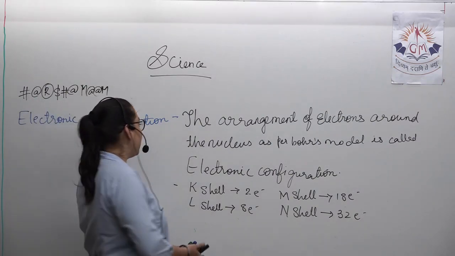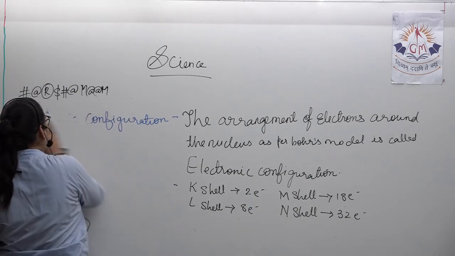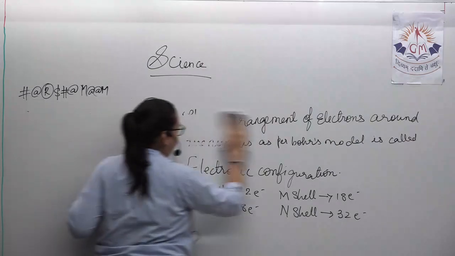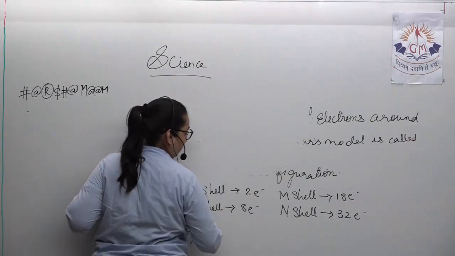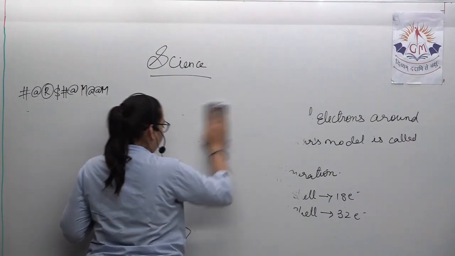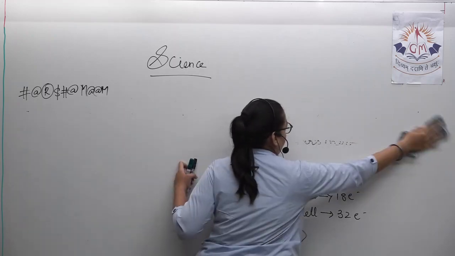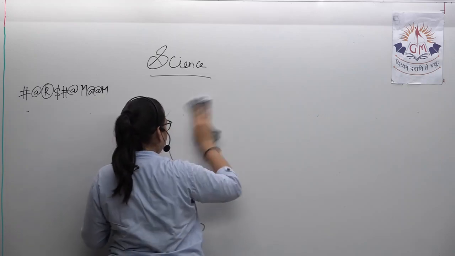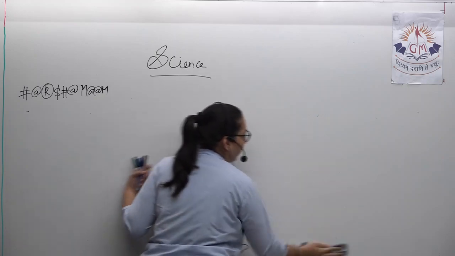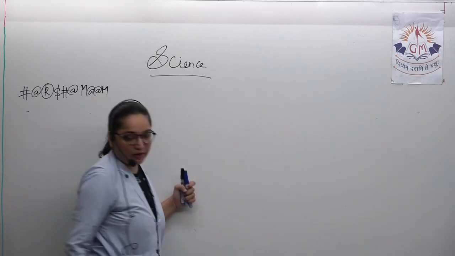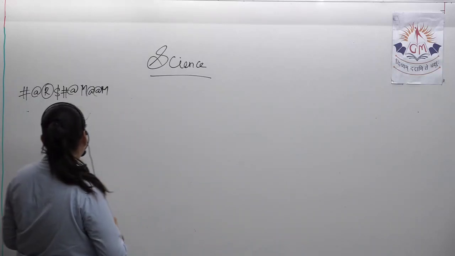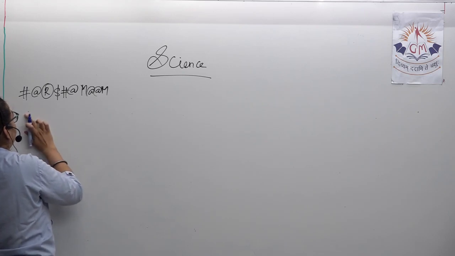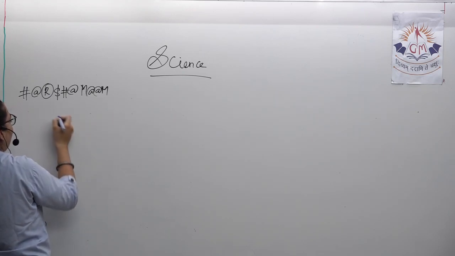Now, next concept, valence electron and valency. After doing electronic configuration, we'll do valence electron and valency. First, let me draw the electronic configuration of hydrogen.